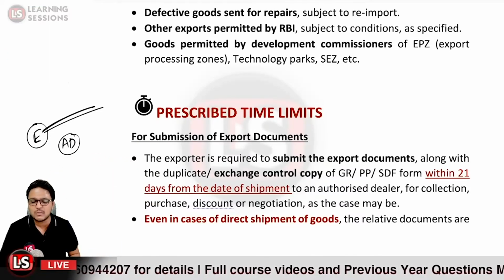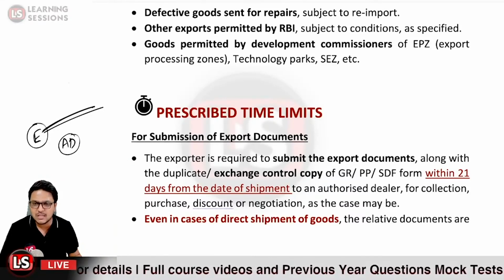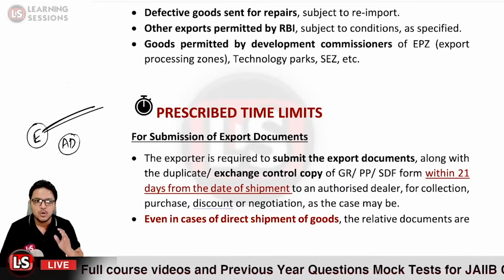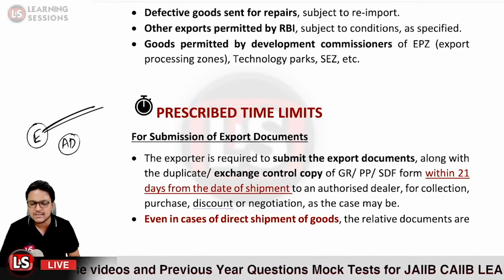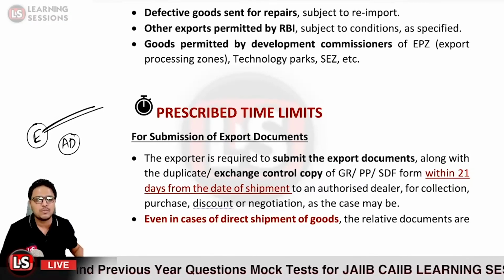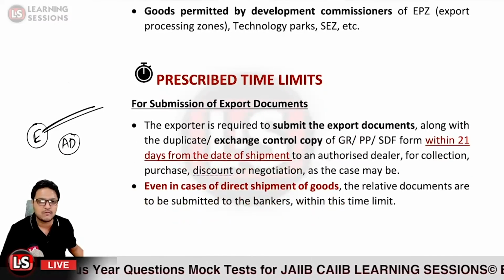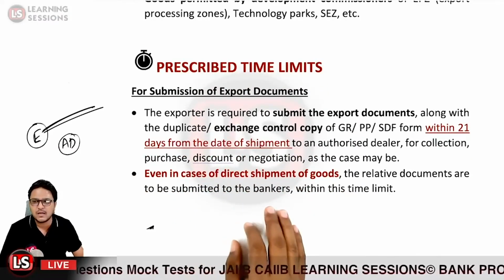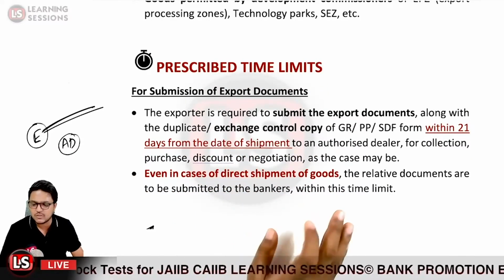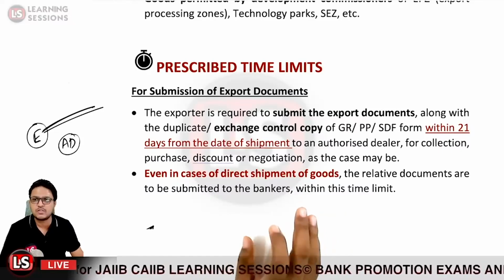Even though there is no connection between the exporter and the authorized dealer, but the person has made the export or import, in that case also the declaration forms are to be submitted. The relative documents are to be submitted to the banker within the prescribed time limit, that is 21 days from the date of shipment. Okay.